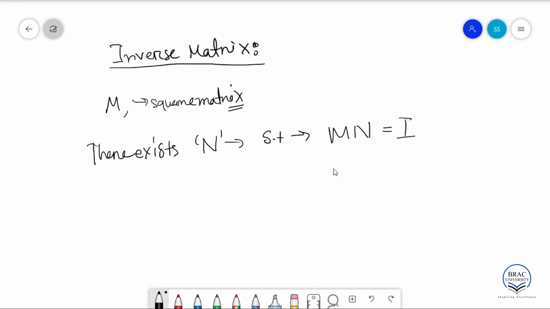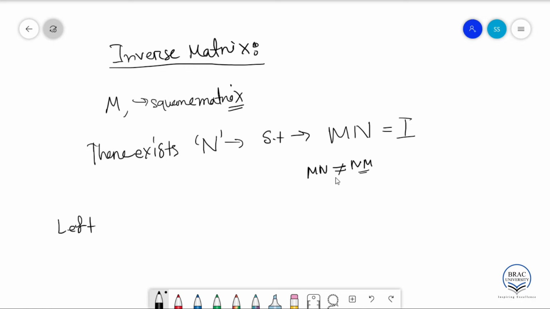Now there is a subtlety here: from our earlier discussions we saw matrix multiplication is not commutative. So in general we wouldn't be able to write MN equals NM, right? So before we go on and clarify more about inverse matrices, we first have to talk about the left and the right inverse.